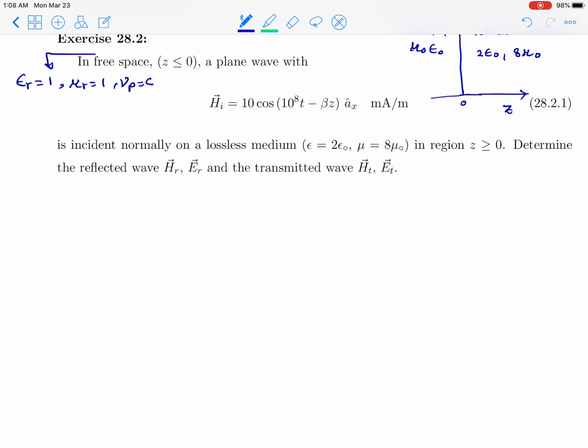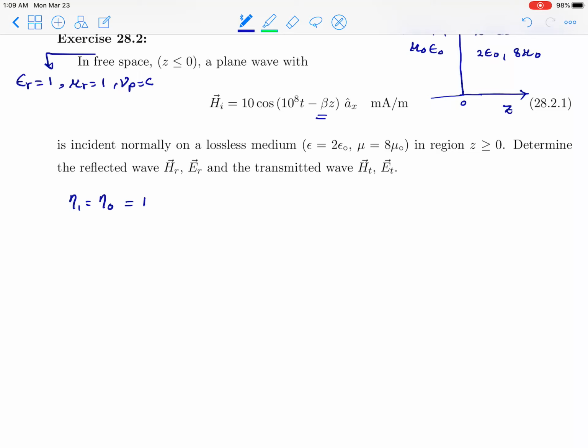So the very first step is to determine what is beta here. Beta is not given. We are given the direction of propagation to be the positive z direction, and we want to find beta, and we want to find eta 1 and eta 2.